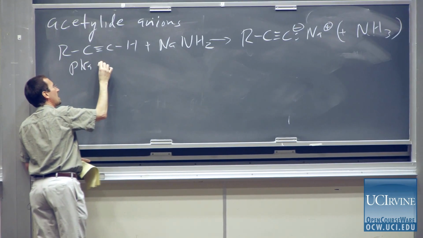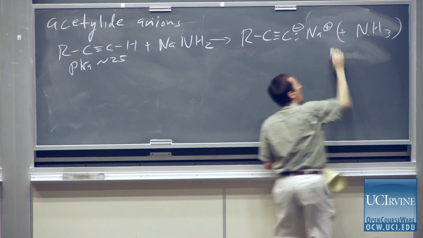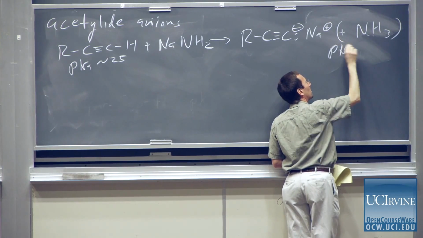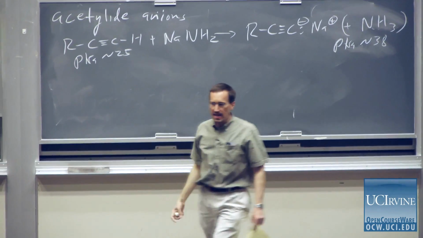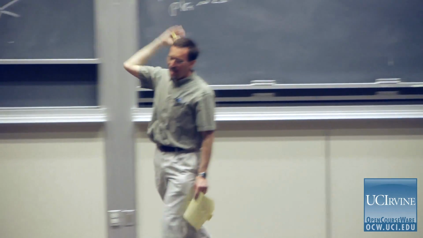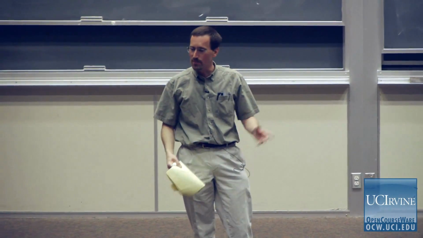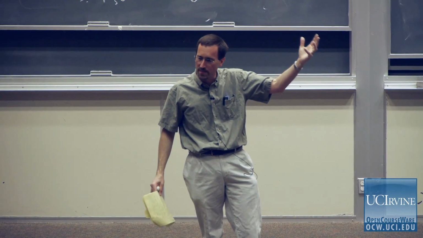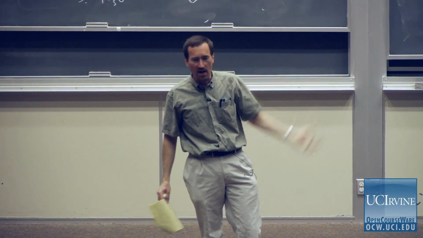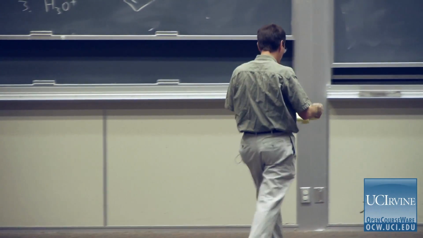So we have a pKa of about 25 and a pKa of about 38, and so that difference means the equilibrium lies way, way to the right, an equilibrium constant of 10 to the 13th or thereabouts. So basically, I throw in 1 mole of sodium amide, 1 mole of an alkyne, and I get essentially all acetylide anion.